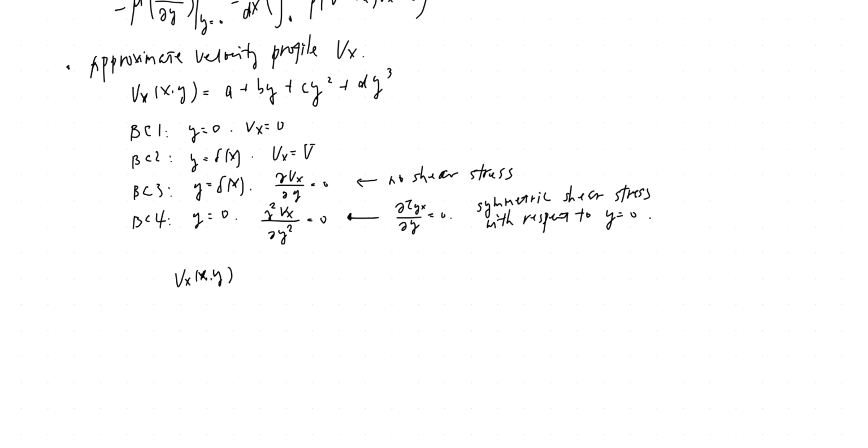You will get Vx divided by capital V equals 3 divided by 2 times y divided by delta x, minus 1/2 times y divided by delta x to the power of three. Okay, that's it. This is the velocity profile. We solved it.